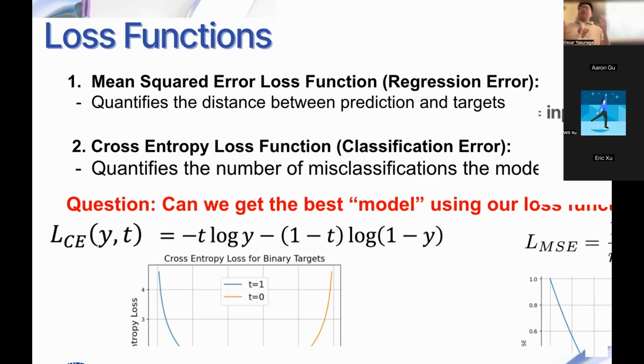And it's important to define these metrics or these functions that define how well the model performs, because based on this, can we get a good model? Like, can we use our loss function to get the best model?